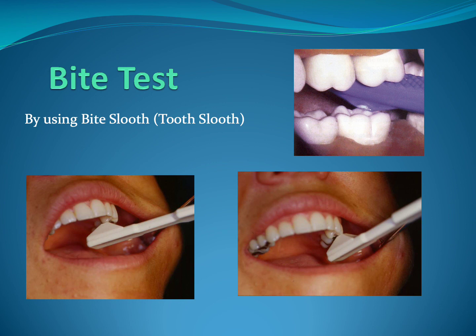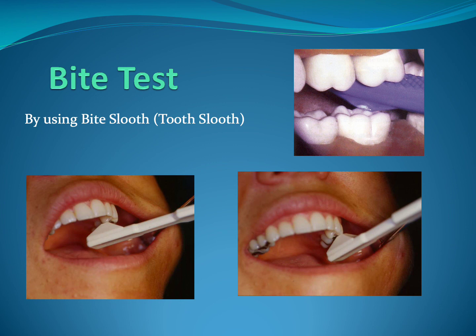Actually, the biting test is a very important test. We use the biting test in case of cracks. You will see that the biting test tool here is like a triangle. We put it on the palatal cusp and the buccal cusp, and ask the patient to close on it and then open his mouth.